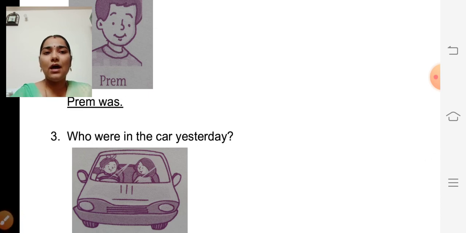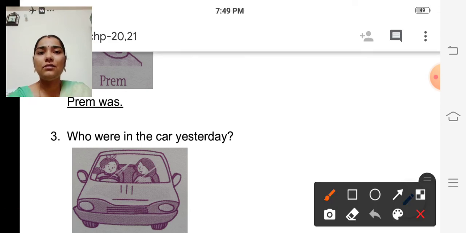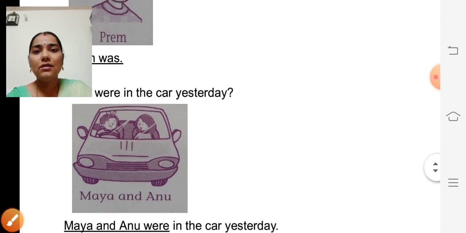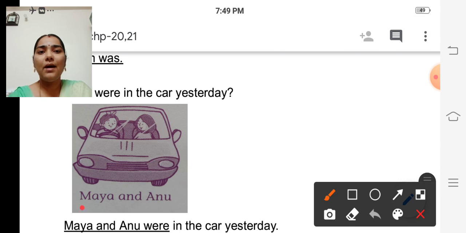See the third question. Who were in the car yesterday? So look at the picture. Who were in the car in the picture? There were two girls, isn't it? Their names were Maya and Anu, isn't it? So who were in the car yesterday?